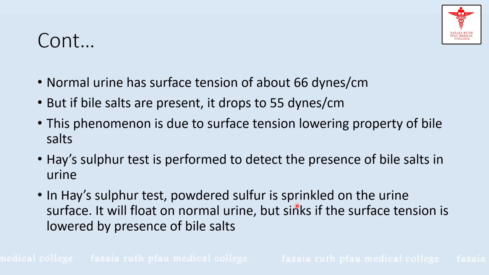If the urine is normal, the sulfur powder will remain on the surface, but if bile salts are present, the surface tension will be lowered and the sulfur powder will sink towards the bottom of the test tube.